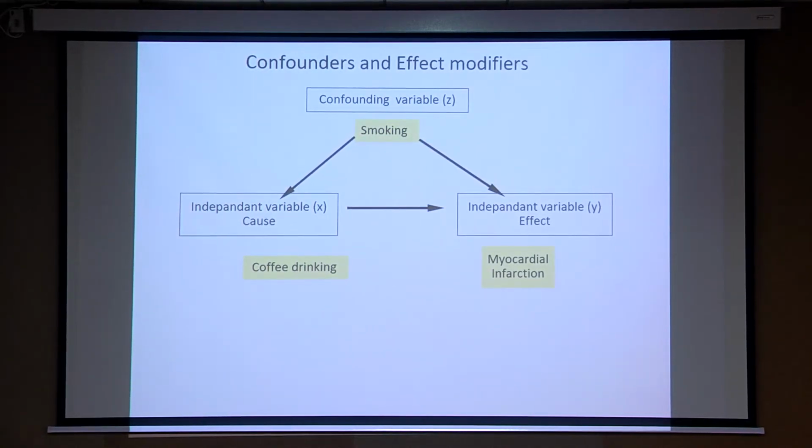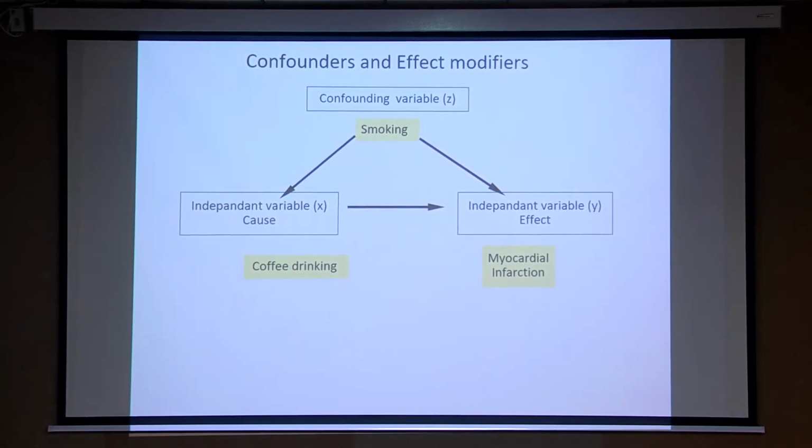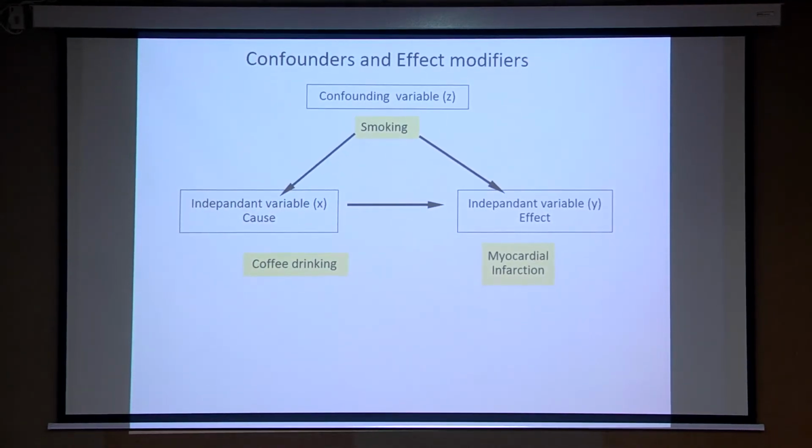So there is a third variable, smoking, which can increase the coffee drinking. Whenever they smoke, they will like to have a coffee. So it affects the relation between cause and effect. It increases the coffee, as well as smoking can also cause myocardial infarction. So it affects both the exposure as well as the disease.